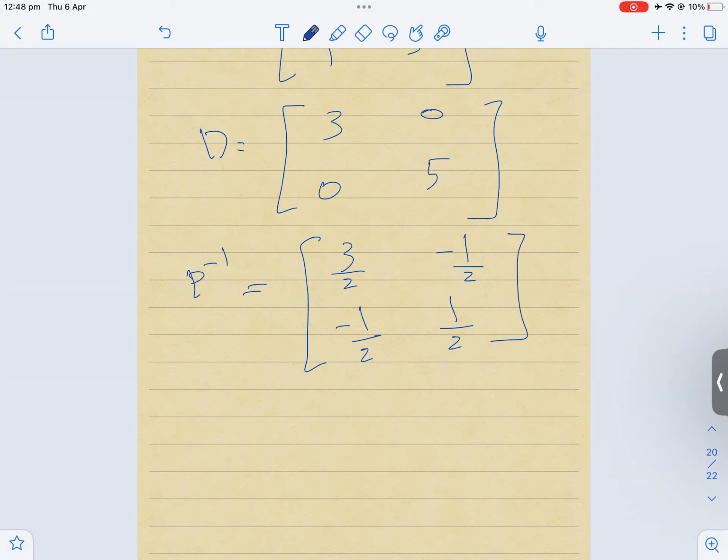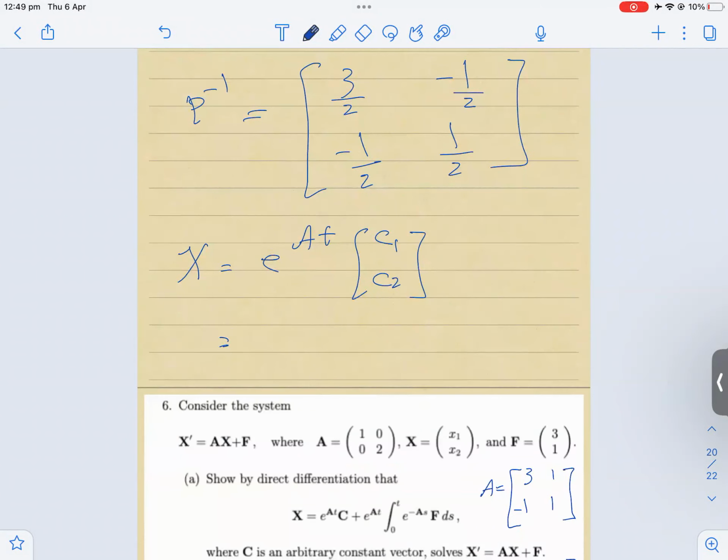So now, the answer is x equals e to the At times c1 and c2. But here, instead of e to the At, we put P D P inverse t times c1 and c2.